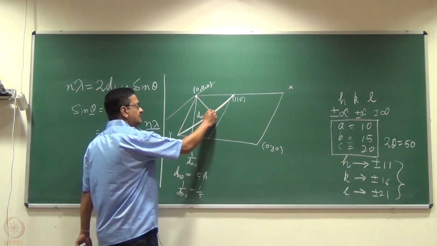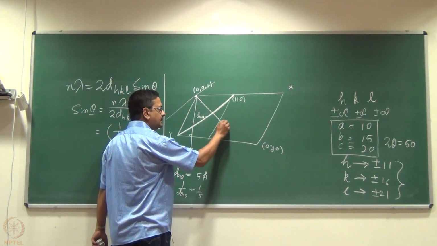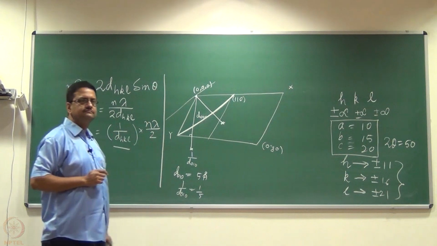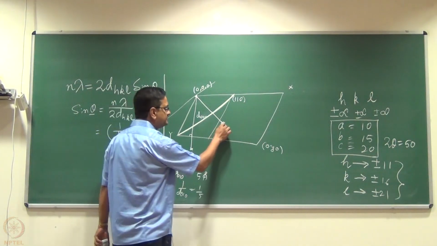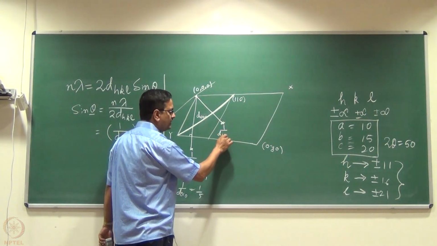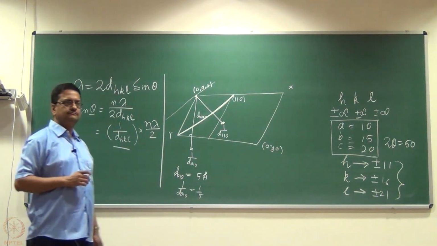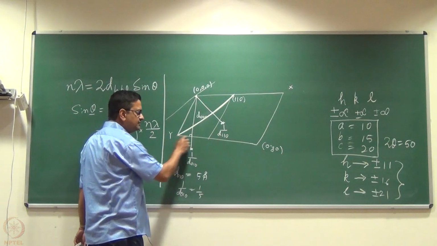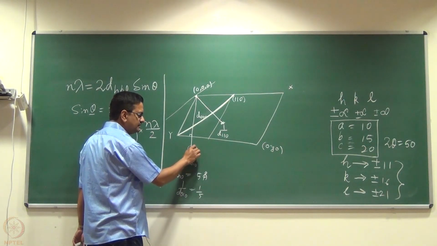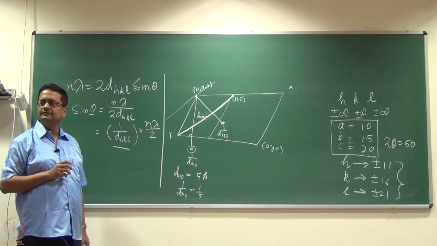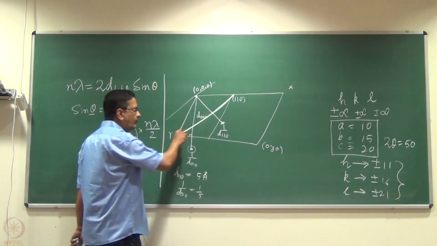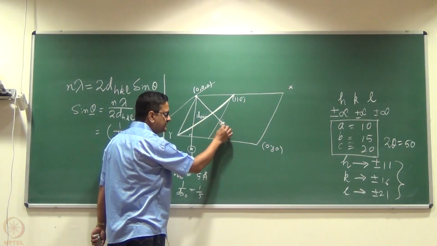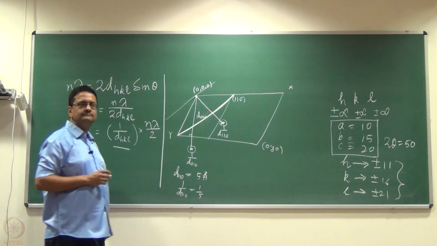But then I am stopping that at a point here, at a distance 1 by D110. So the 010 plane makes a reciprocal lattice point here. The 110 plane makes a reciprocal lattice point there.